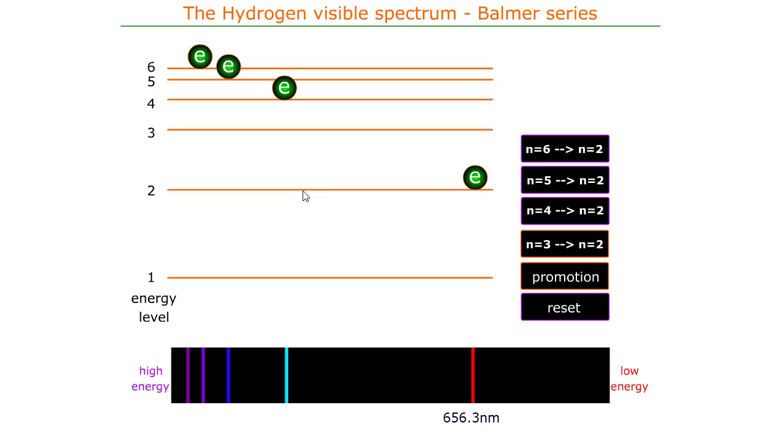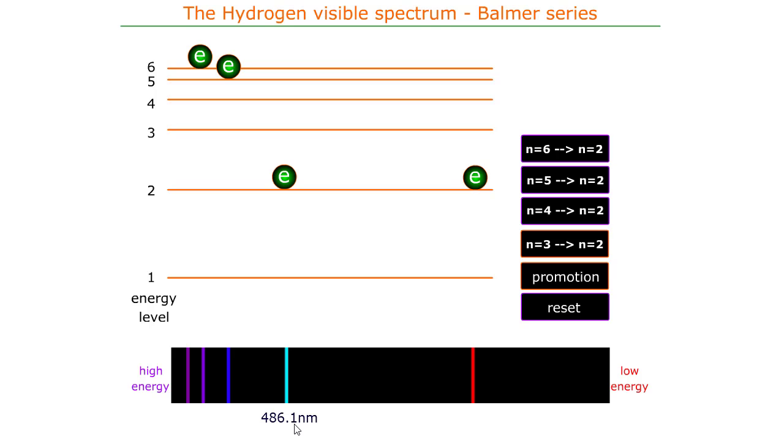Now clearly, an electron that's already been promoted to n equals 4 has got more energy than an electron at n equals 3, and so when this one relaxes down to n equals 2, this emits a photon with a wavelength of 486.1 nanometers.